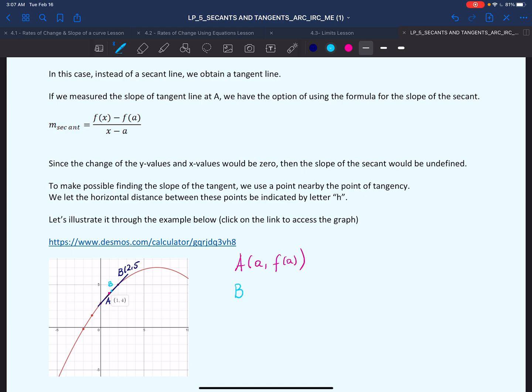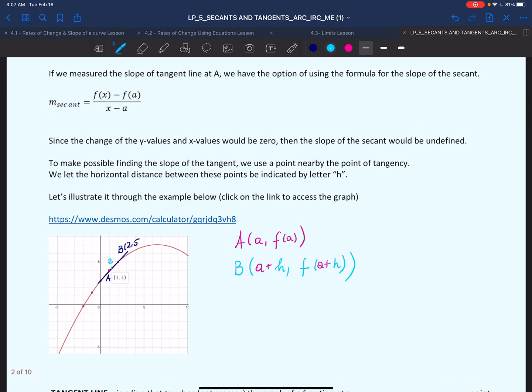So we're going to say that the point B will have the coordinates A plus h, and as a result, the y-coordinate of B would be f of A plus h. So then the rate of change between the 2 nearby points A and B will be determined by the slope of AB, which is the change in the y over the change in the x values.